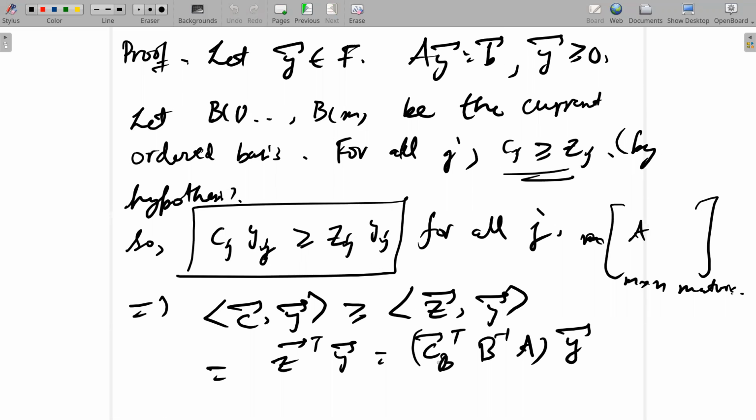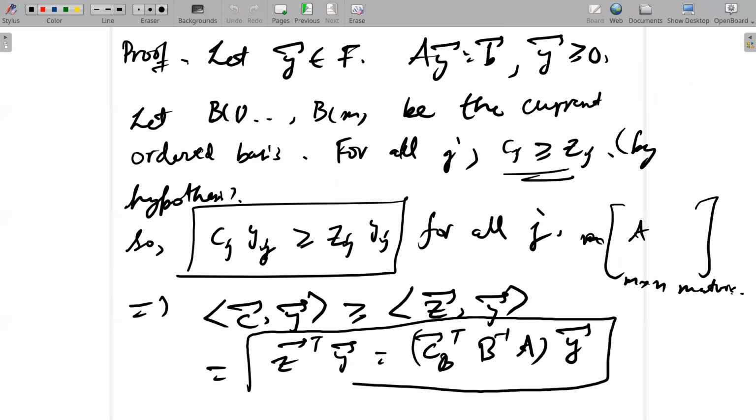And just as a reminder, this is what we want to show. I'm claiming that the Z vec is nothing but CB transpose B inverse A. A was the original matrix which defined this feasible set, with AX equals b and X with sign constraints. And what was B? B was essentially AB1 up to ABM.